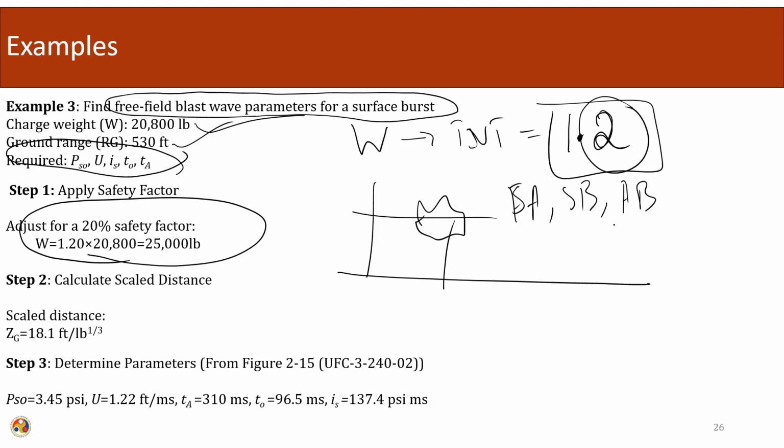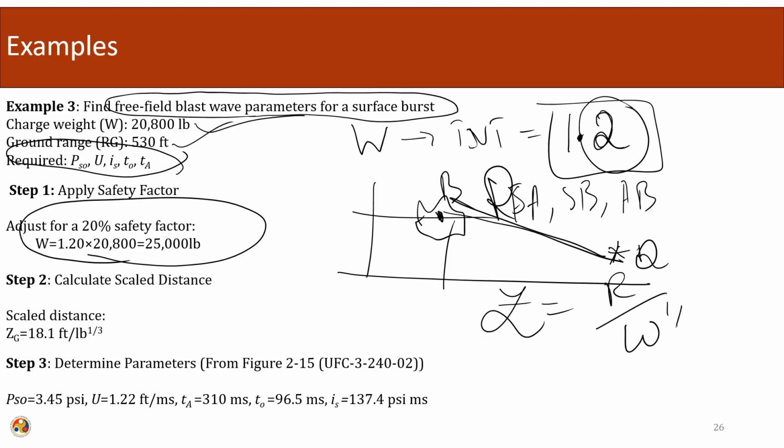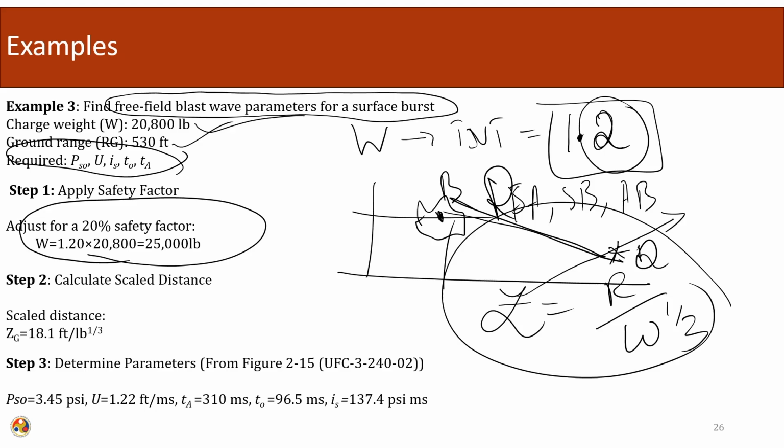After that, we need to calculate the distance between the blast and the point in question. So, we need to calculate the standoff distance R, and from the standoff distance R, we need to calculate the quantity Z. And then we will put this into the equivalent charts, and we can calculate all the required quantities.